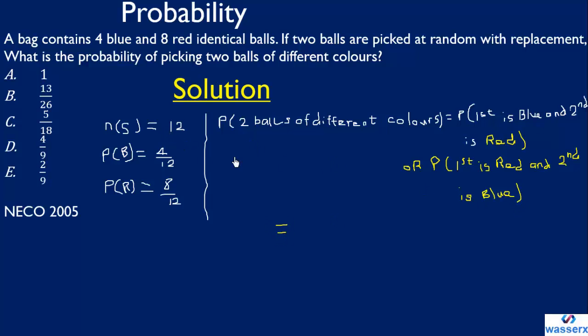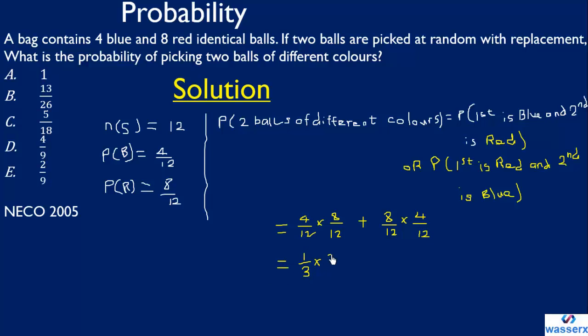So the probability of blue is 4/12 times the probability of red, 8/12, plus the probability of red, 8/12, times the probability of blue, 4/12.